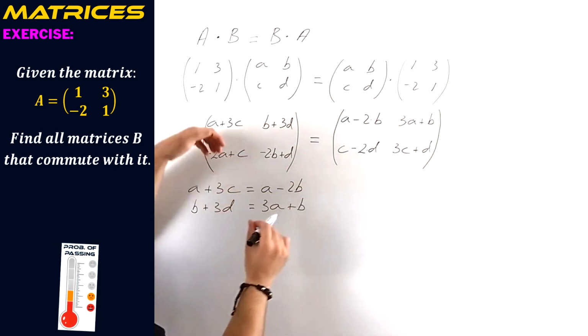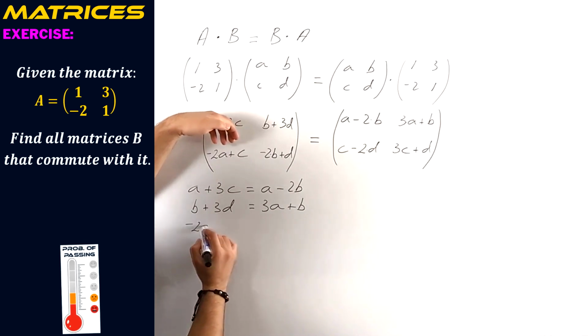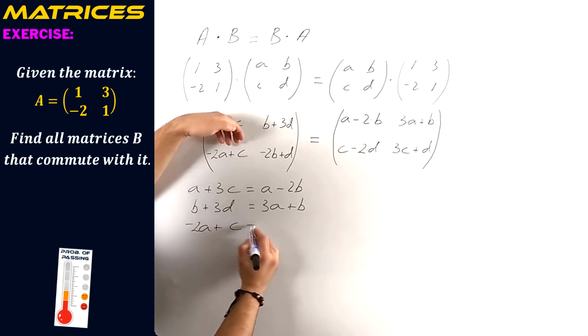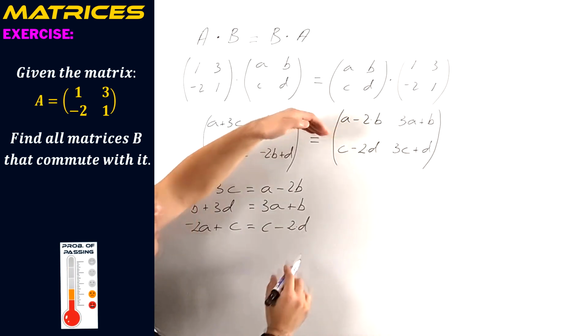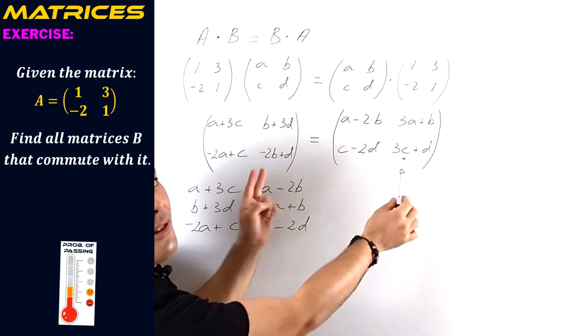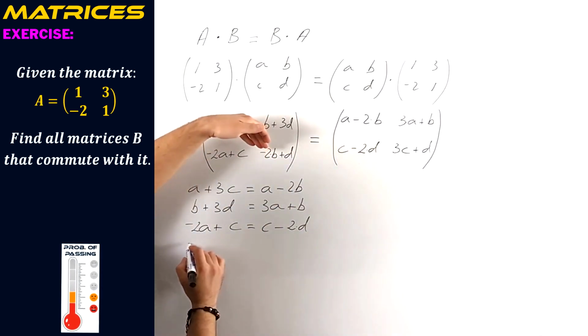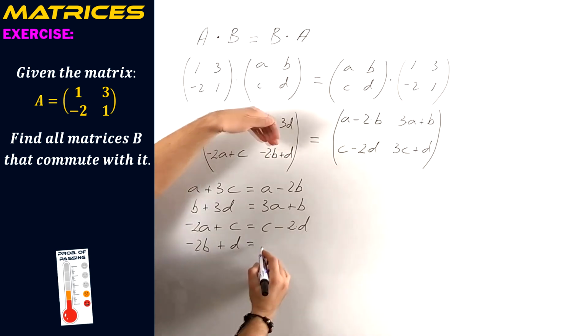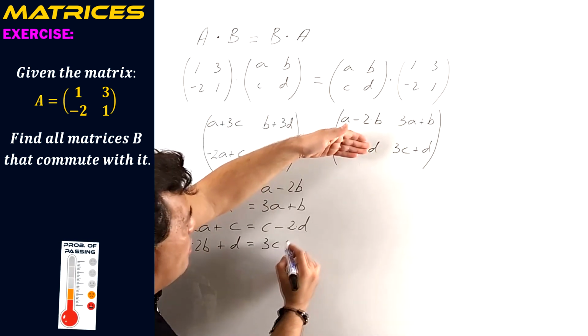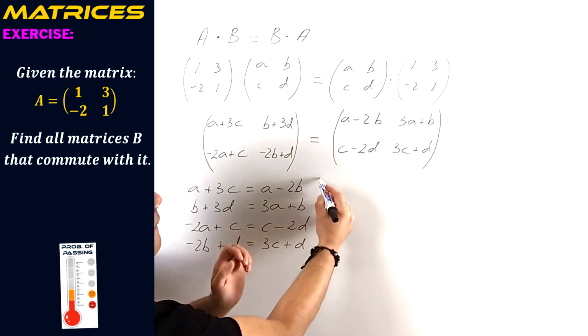Third position, negative 2A plus C equals C minus 2D. And finally, the fourth position, negative 2B plus D equals 3C plus D.